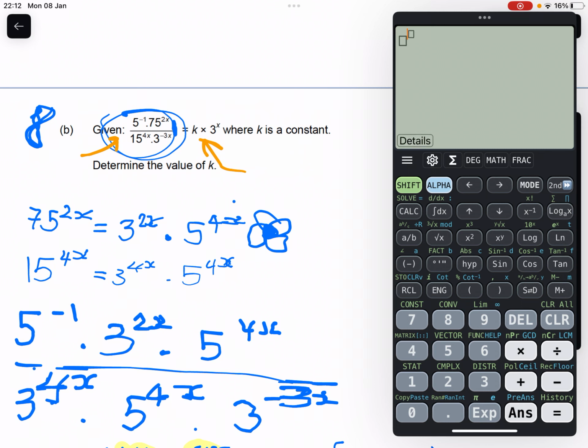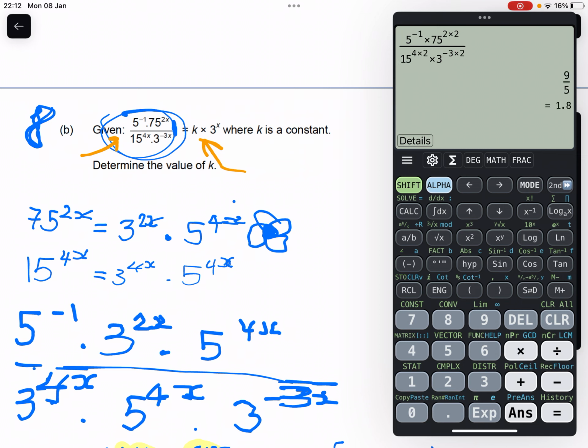So we then have 5 to the power of negative 1 times 75 to the power of 2 times 2, and at the bottom we have 15 to the power of 4 times 2, and we're going to times that with 3 to the power of negative 3 times 2, right?